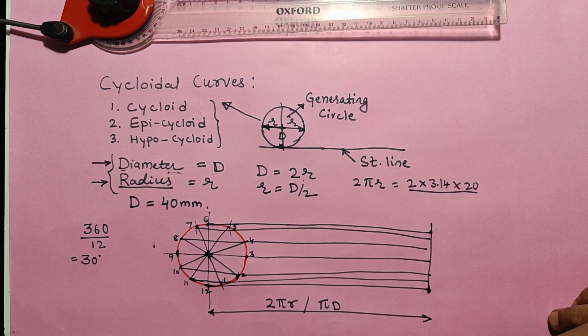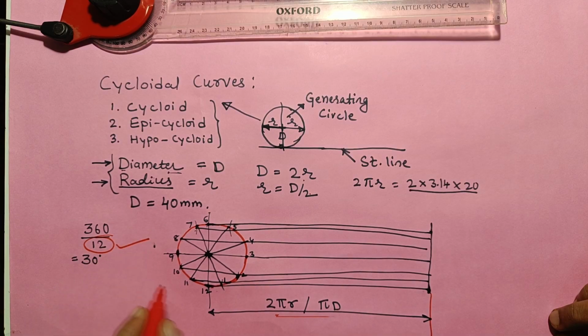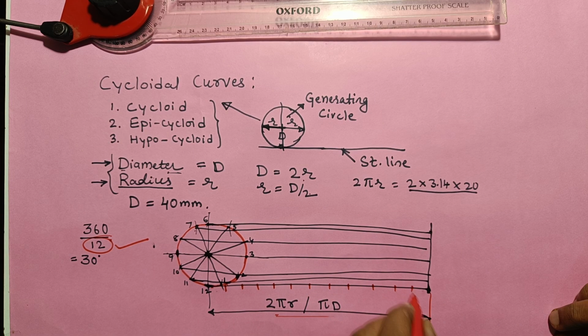Like this. Again what you have to do? You have to divide this total distance of 2 pi r into the same number of equal parts, that is 12. Whatever distance you obtained, divided by 12, you have to make 12 equal divisions, like 1, 2, 3, 4, 5, 6, 7, 8, 9, 10, 11, 12. Now again make the numbering.